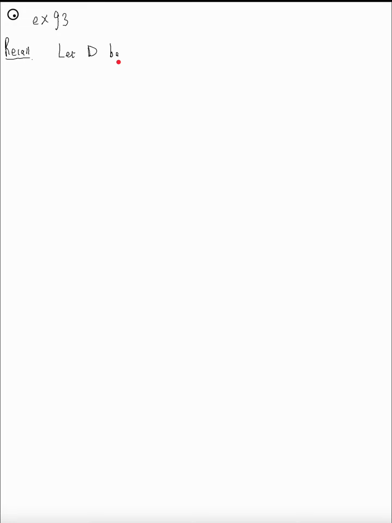At D, a filtered phi N module, we have defined the Newton number and Hodge number.